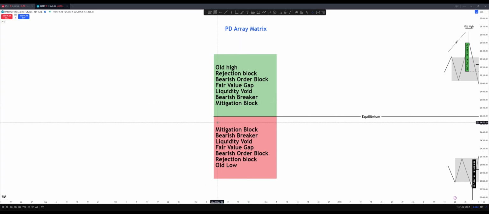And then going to the red section: mitigation block, breaker, liquidity void, fair value gap, bearish, this should be bullish order block, rejection block, and old low. And we have equilibrium here.